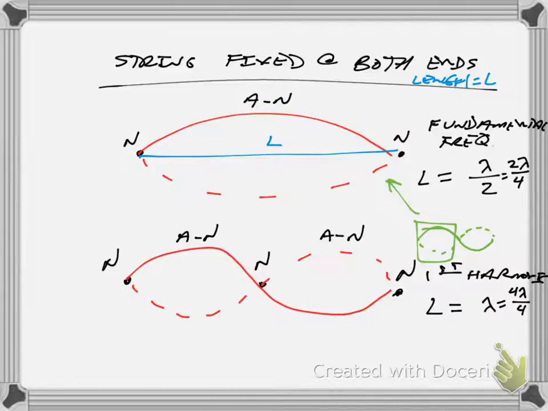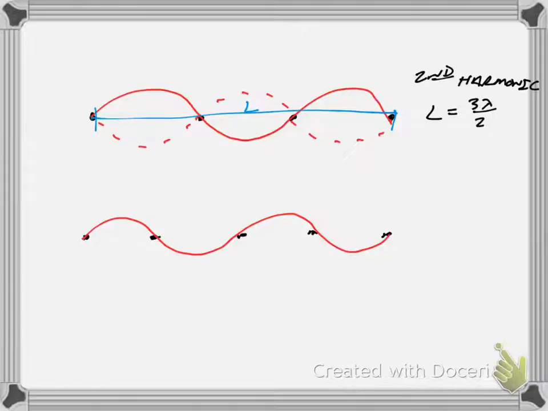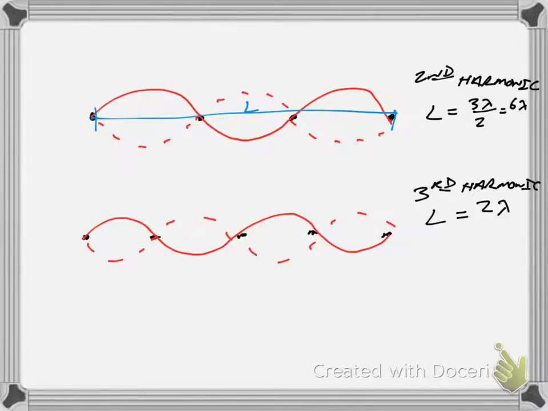So then you can imagine the next one is going to have an additional node in the middle, so that now we have the two nodes at the ends, we have two nodes in the middle for a total of 4, and of course 3 subsequent antinodes, and we're going to call this the second harmonic. And you can picture there that that means that the length is 3/2 of a wavelength, or we could write that as 6/4. The next one will have another node, resulting in being 2 wavelengths long, or 8/4. And of course we call that the third harmonic.